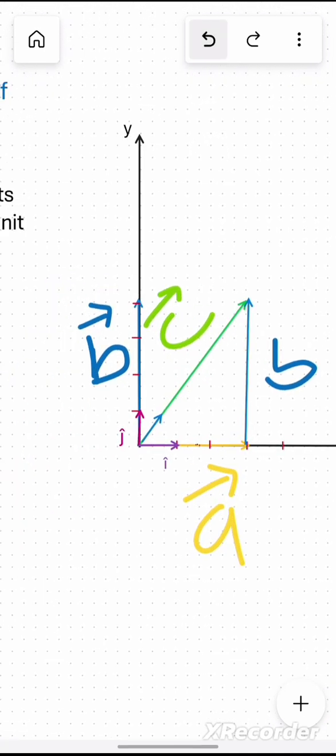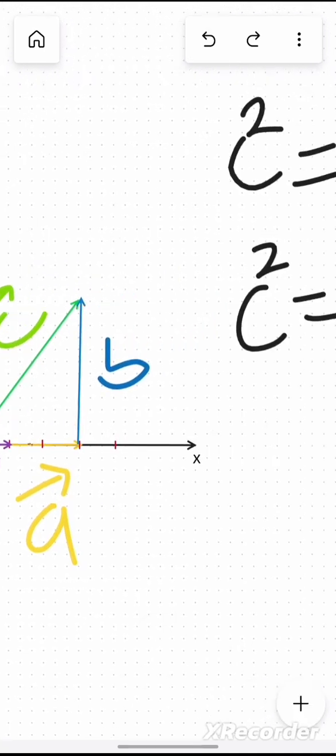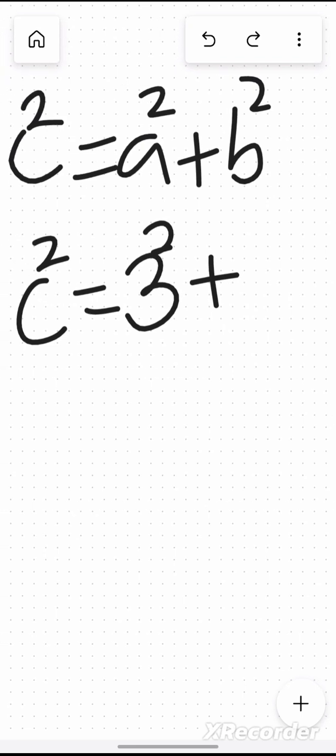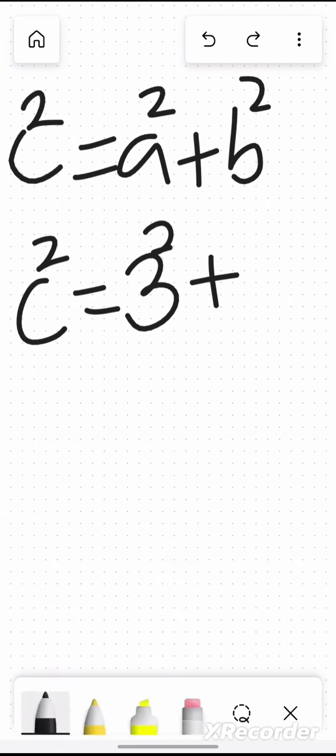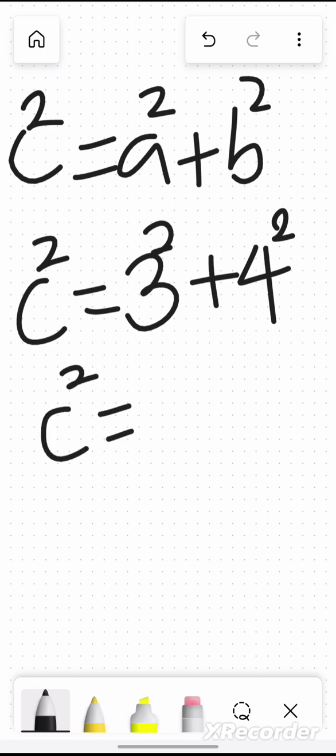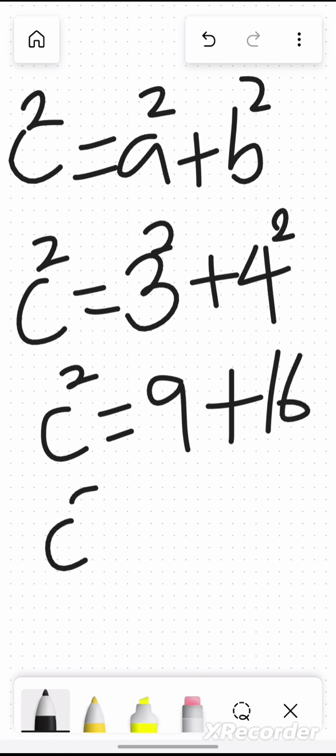The magnitude of B is 1, 2, 3, 4, 4 units, plus 4 squared. So we can see that C squared is equal to 9 plus 16. C squared is equal to 25.